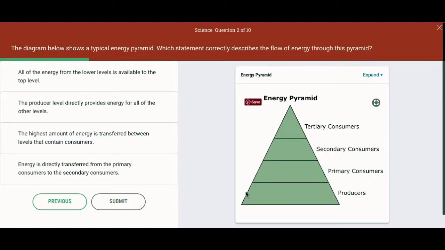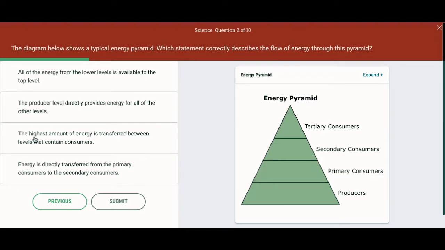But the producers are not directly connected to the tertiary consumer level. So we need to draw the conclusion that the producer level directly provides for the primary consumers, and then that's it. So primary consumers feed on the producers, and the secondary consumers feed on the primary consumers, and tertiary feeds on secondary. So we know that B is false. The producer level does not directly provide energy for the other levels.